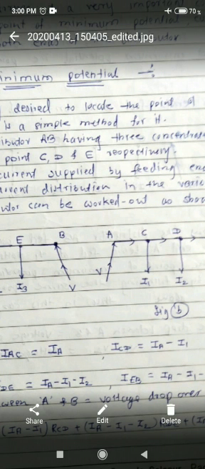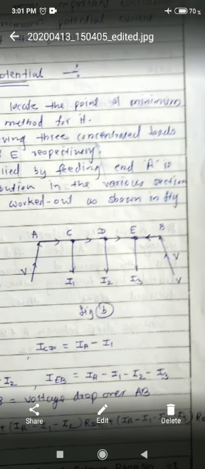is equal to IA into RAC plus (IA minus I1) RCD plus (IA minus I1 minus I2) RDE plus (IA minus I1 minus I2 minus I3) into REB. So the voltage drop is nothing but the current into resistance.